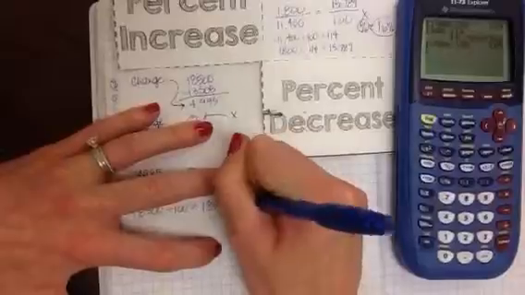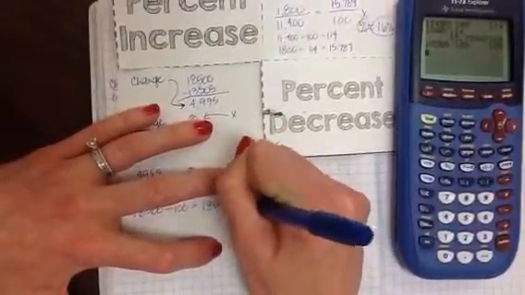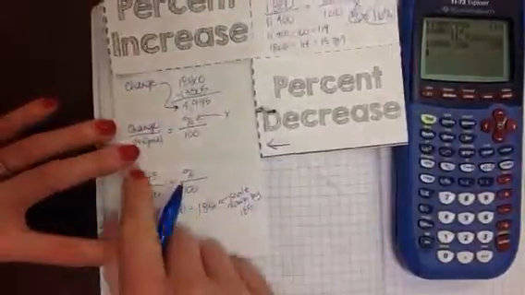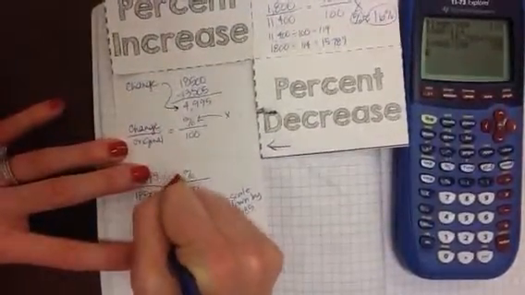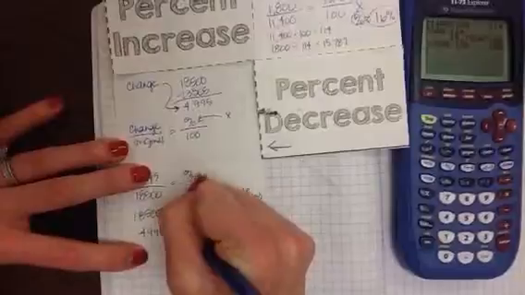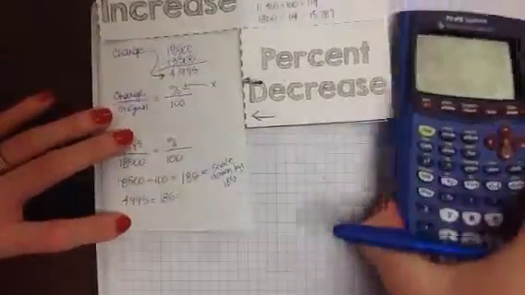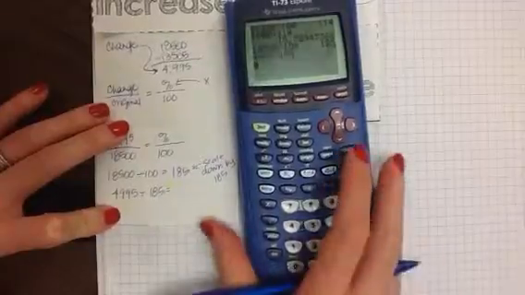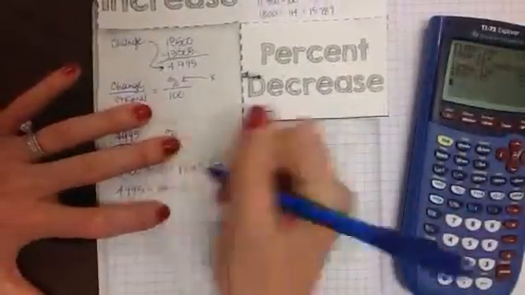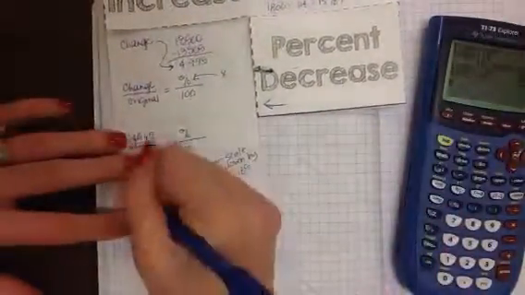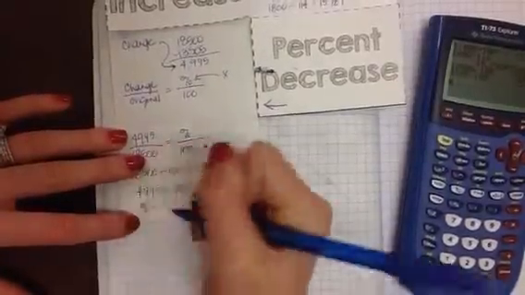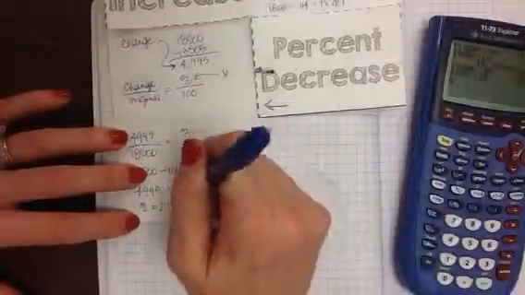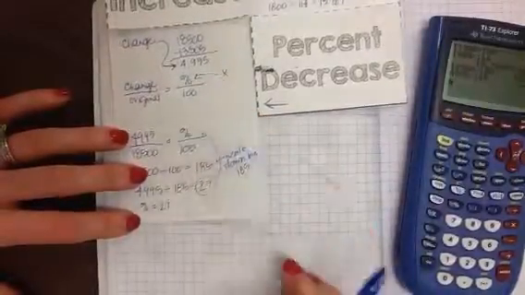So we scaled down by 185. Therefore, I need to take 4,995 and divide by 185, which gives me 27. So 27 is our percentage. Percent equals 27.